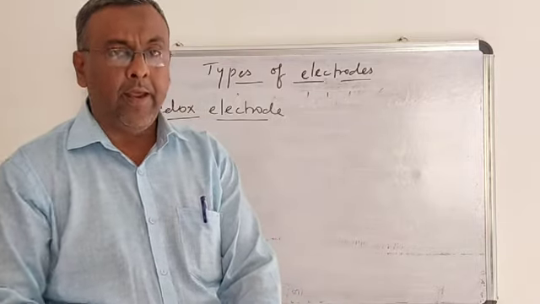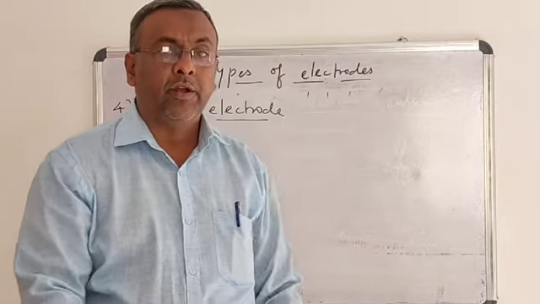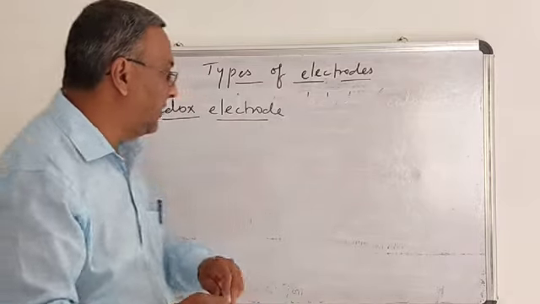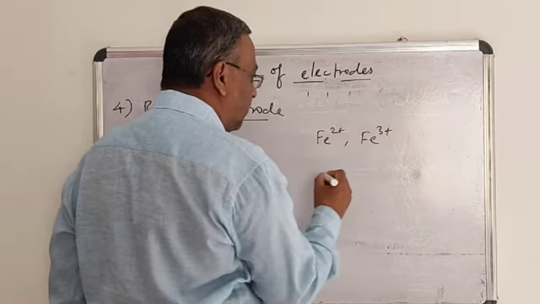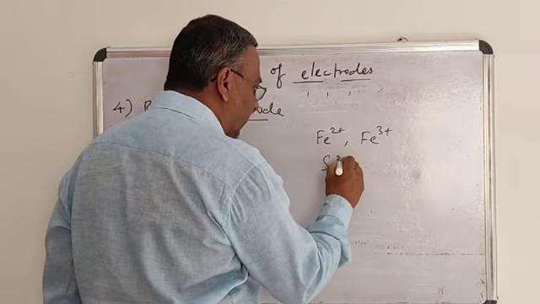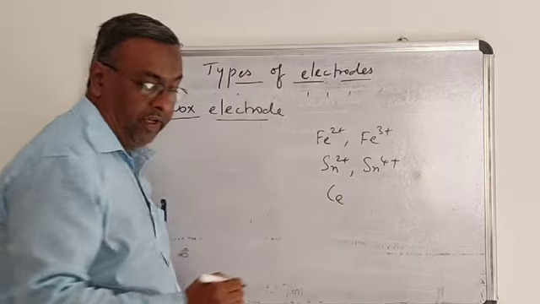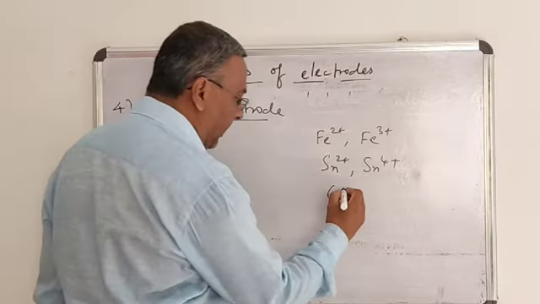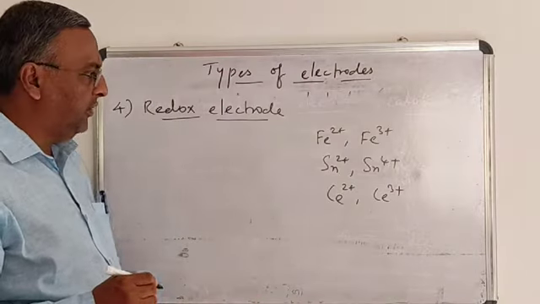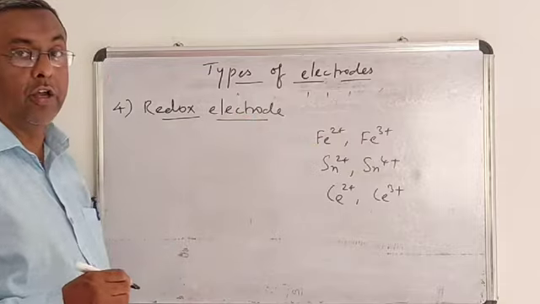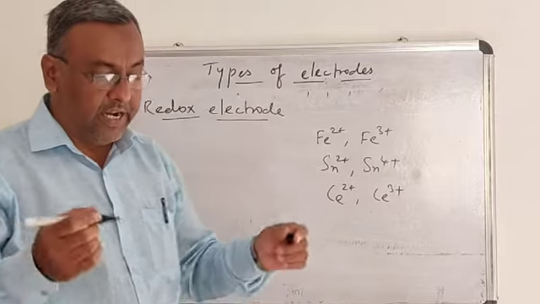Similarly, when a platinum wire is inserted in a solution containing tin 4+ and tin 2+ ions, or Fe2+ and Fe3+ ions, or tin 2+ and tin 4+ ions, or cerium 2+ and cerium 3+ ions, when a platinum wire is inserted in any one of the solutions which contains two different types of ions in two different oxidation states, the potential developed is called the redox electrode or oxidation reduction electrode.